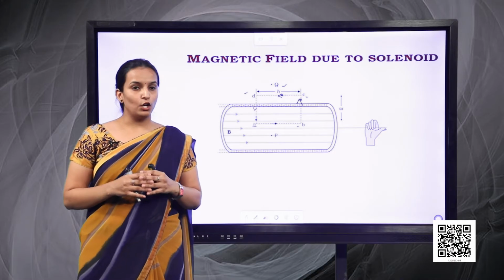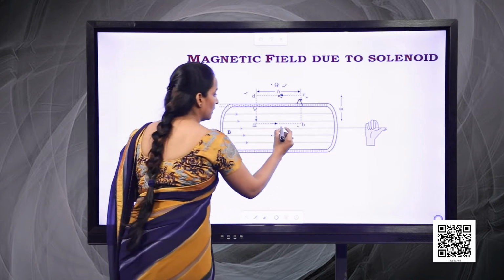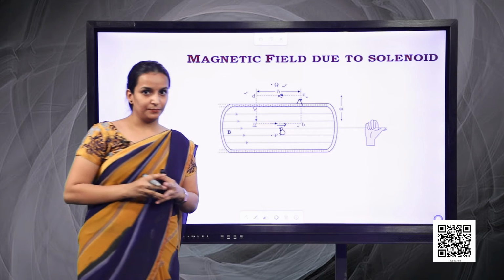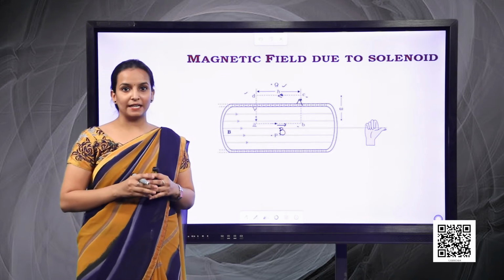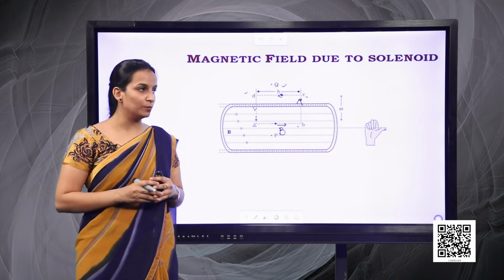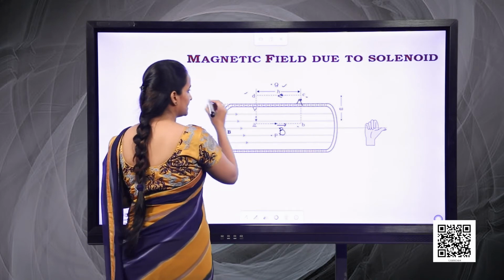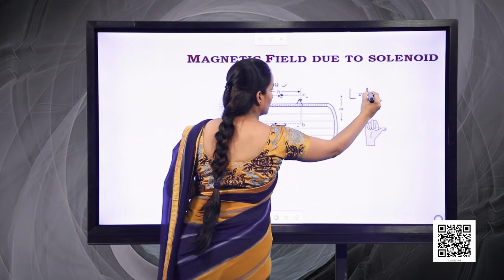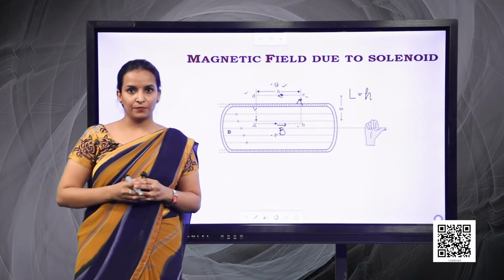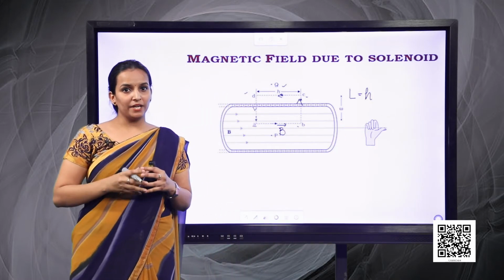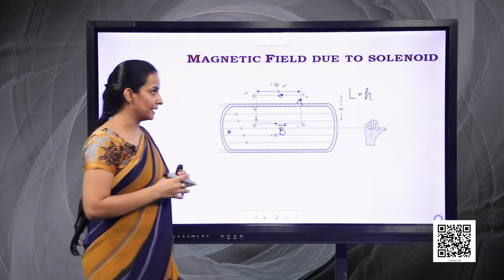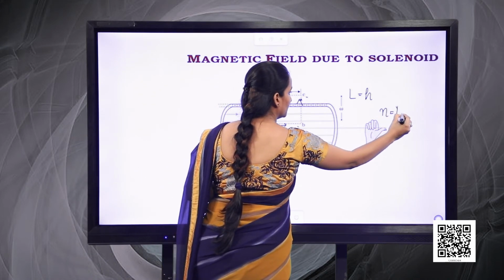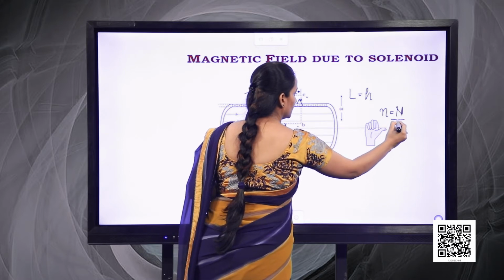Let the field along AB be B vector, and the relevant length of the Amperian loop is L, and let us say this L is h, and n be the number of turns per unit length, that is, small n is equal to the number of turns per unit length.